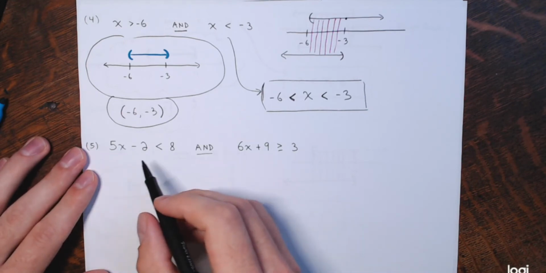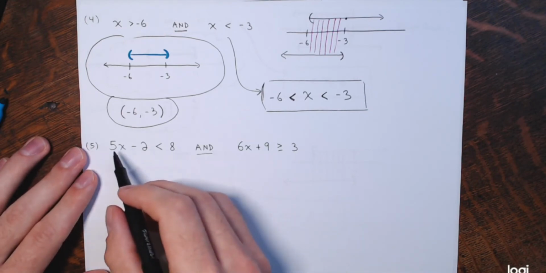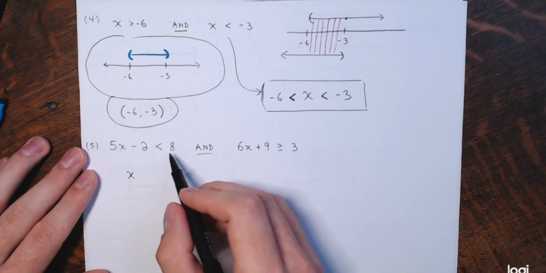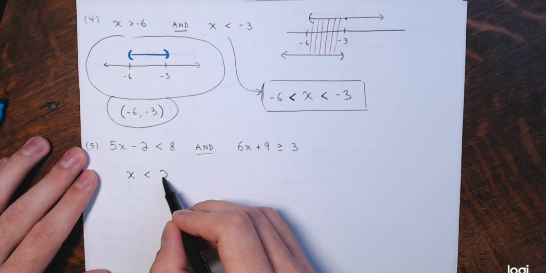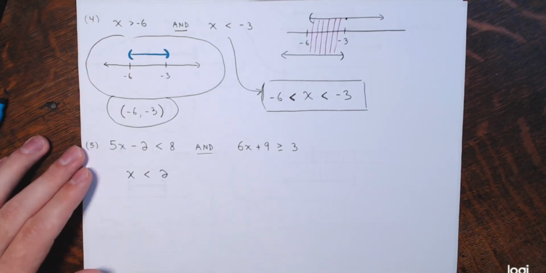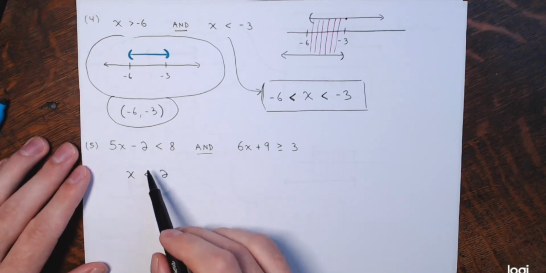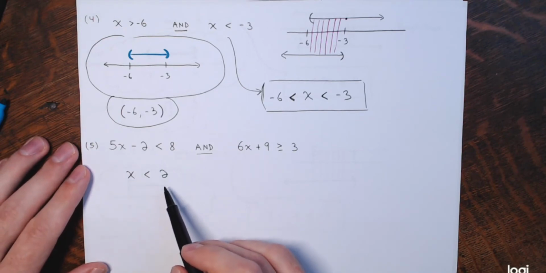So like this one here, I would add 2 and then divide by 5. We'd have 10 divided by 5, and the inequality wouldn't change because I never multiplied or divided by a negative number. So when I solve this, it's x less than 2.